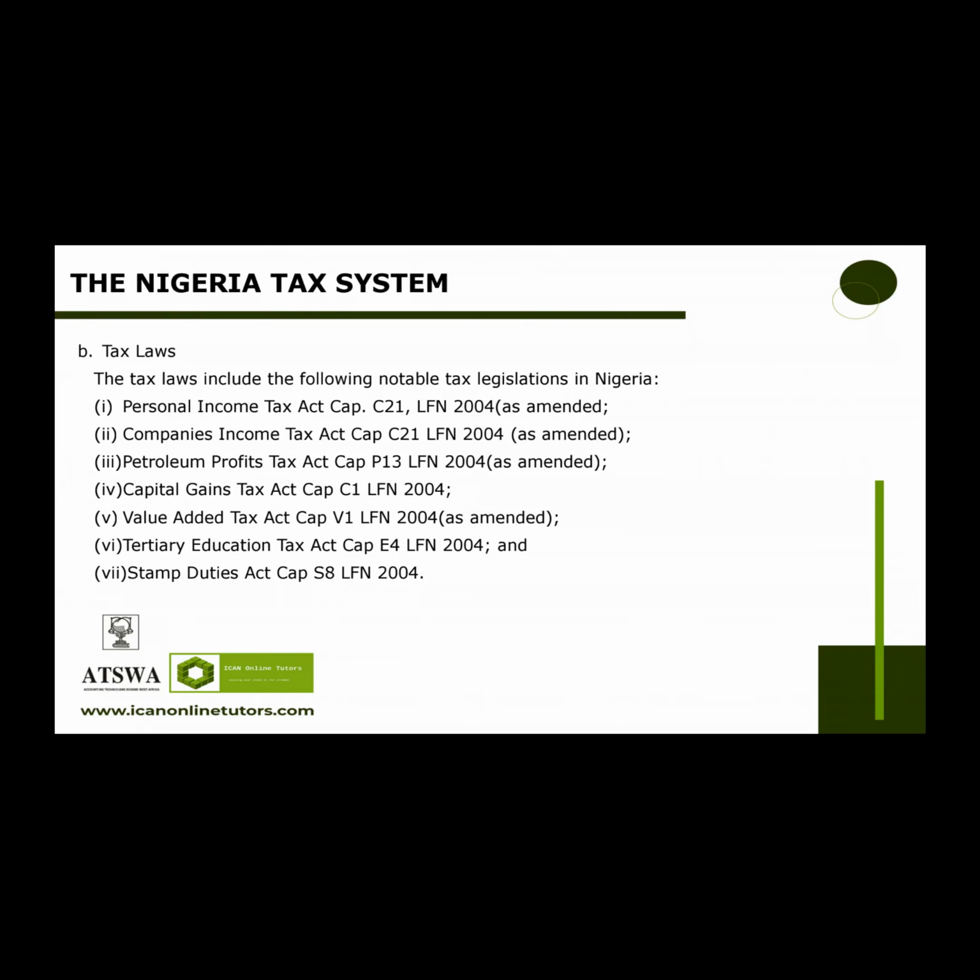We have the Capital Gains Tax Act, Cap C1, LFN 2004, Value-Added Tax Act, Cap V1, Volume 1, Law of Federation of Nigeria 2004, as amended. Tertiary Education Tax Act, Cap E4, Law of Federation of Nigeria 2004, and the Stamp Duties Act, Cap 58, LFN 2004.